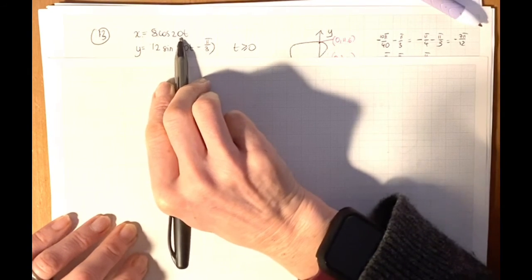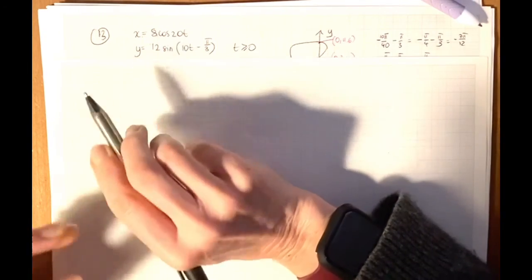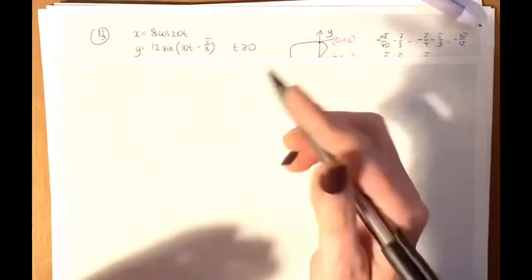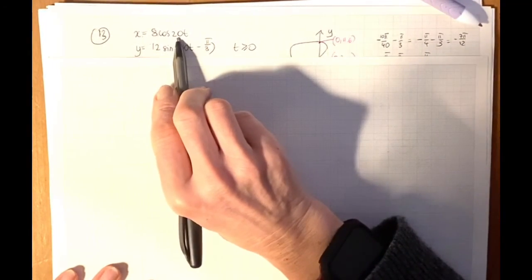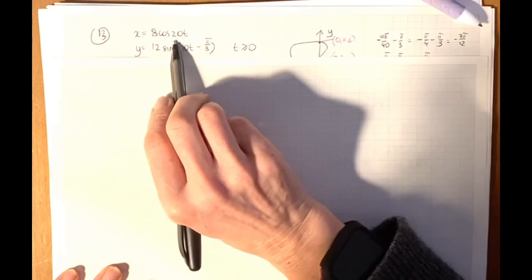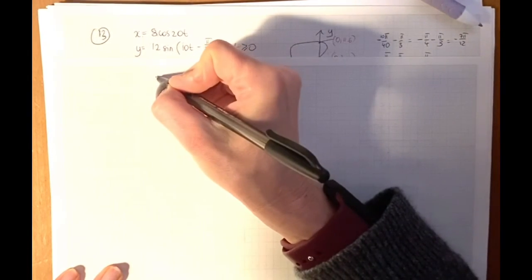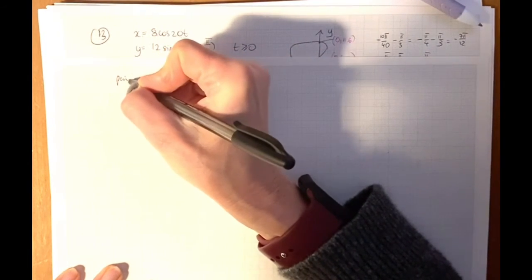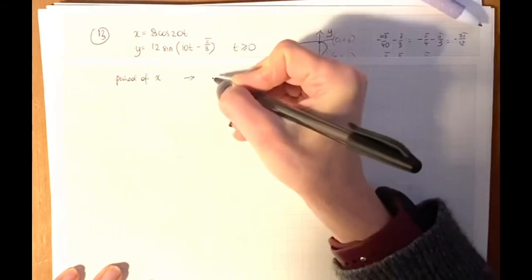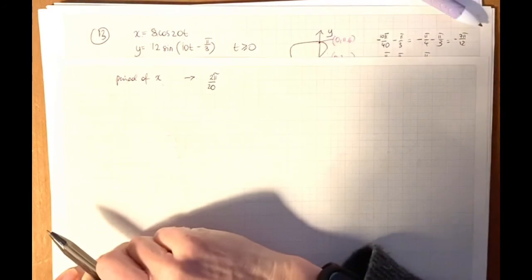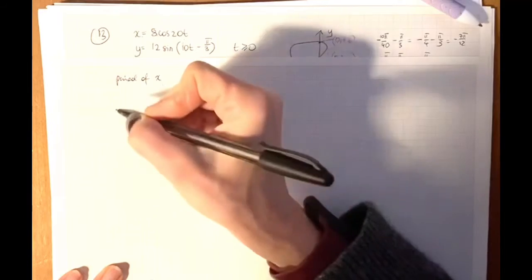Because it's multiplied by 20t, everything happens 20 times as fast. So you have a squashed graph by 20. So you have 20 of those little graphs within 2 pi. So if you divide 2 pi, considering the period of x's, you will have 2 pi divided by 20. Everything is going to be happening 20 times as fast.